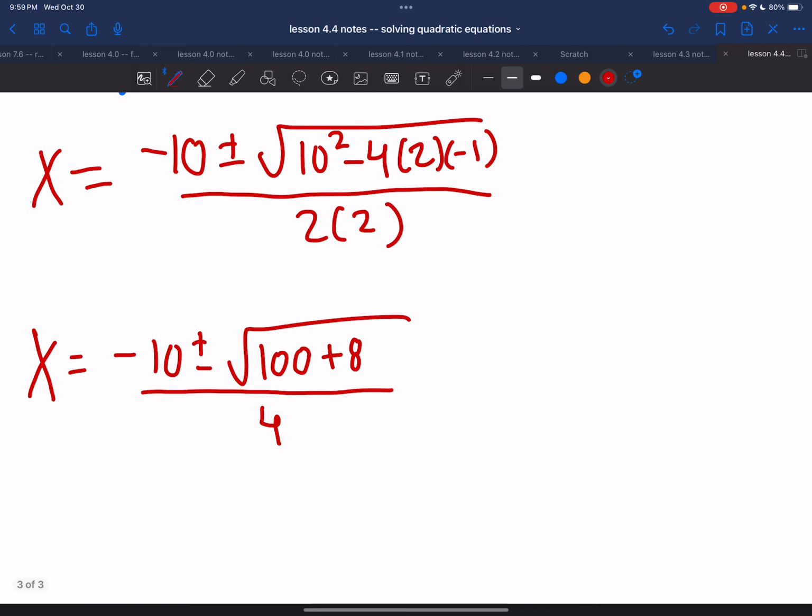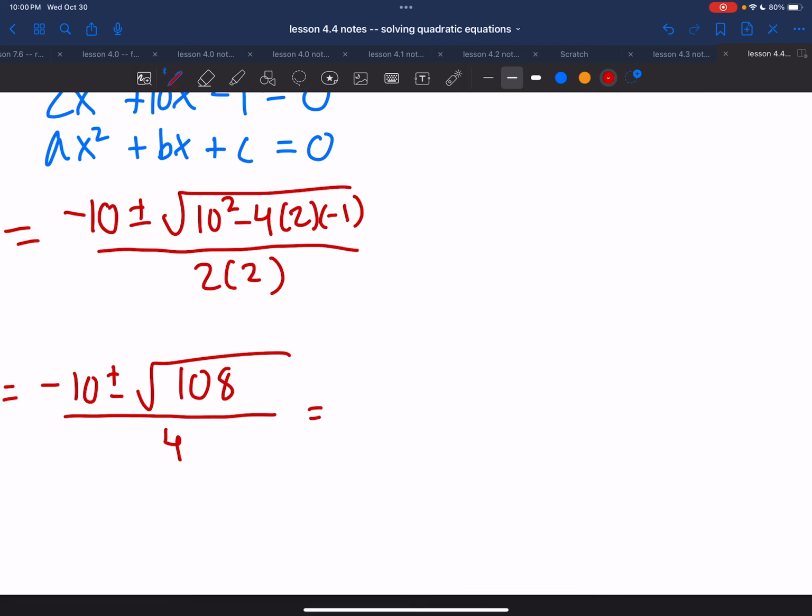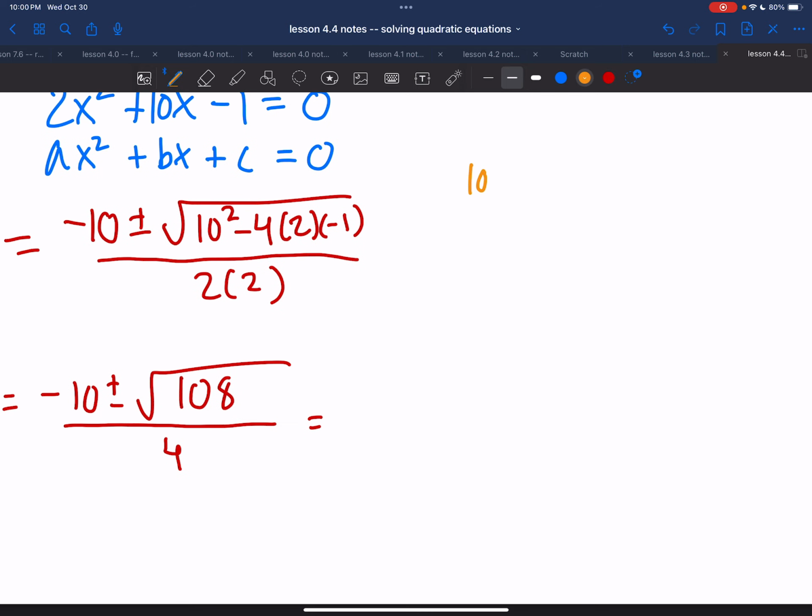Okay, I'm just going to erase that and write 108, because 100 plus 8 is 108. And we would like to simplify this expression. So I'm going to take 108 and do a little factoring tree here. What goes into that? Well, it's even, so you could cut it in half, get 54. And I believe that 54 is 9 times 6, right?